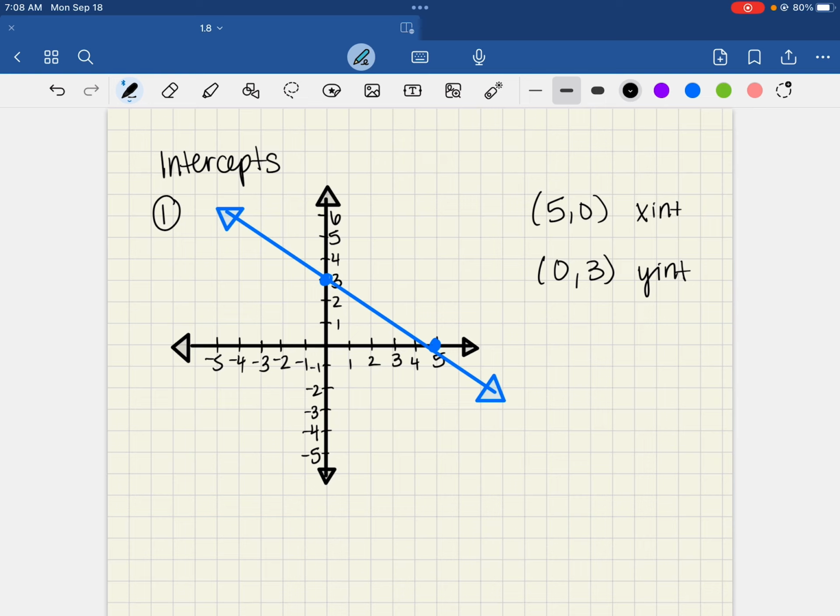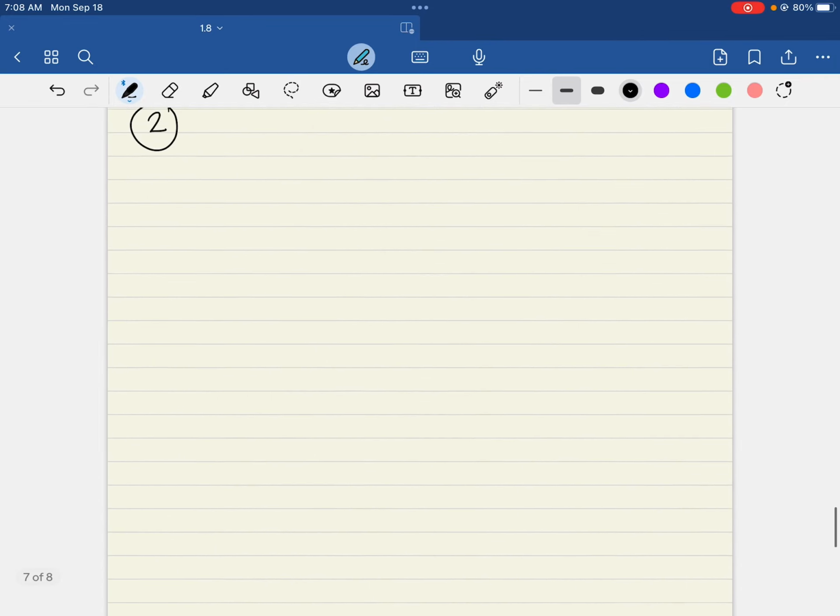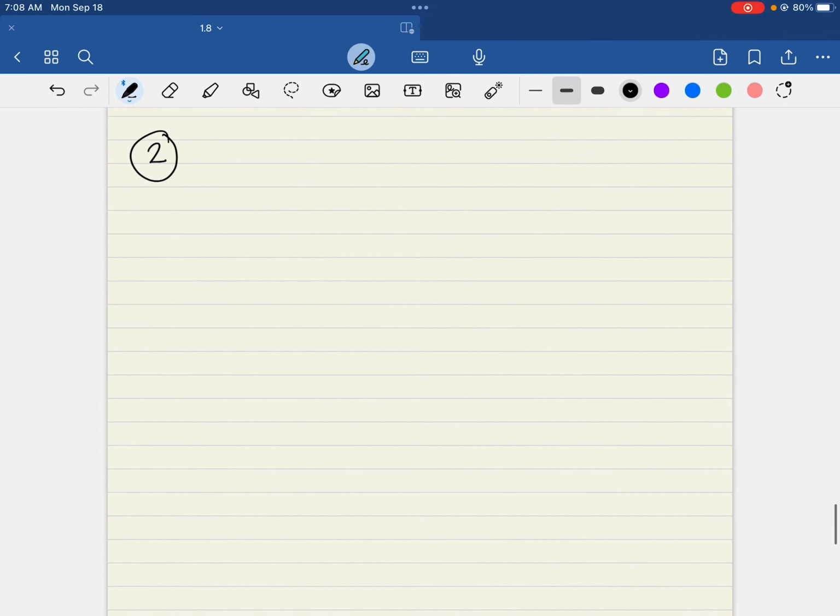Okay, let's go back and have you try number 2. Completely solve x and y intercept algebraically and graph it. Pause the video before revealing the answer.